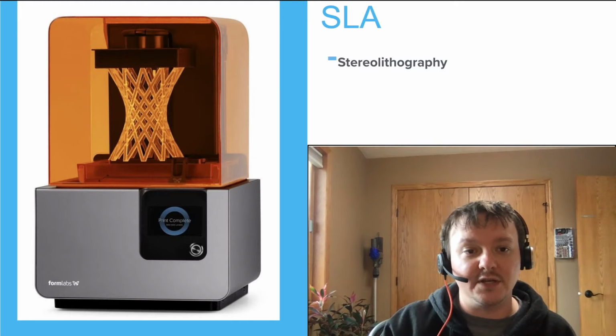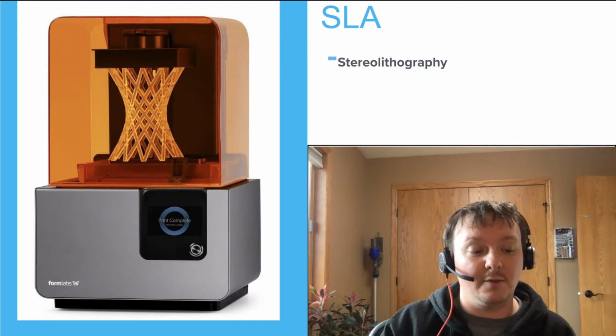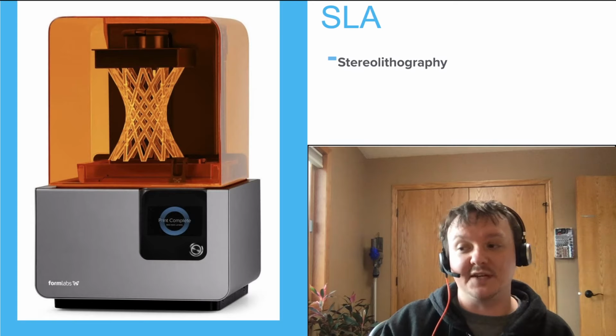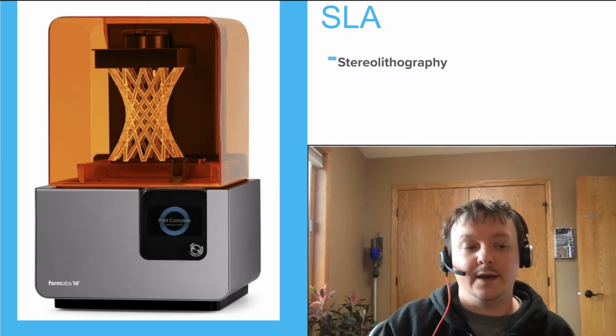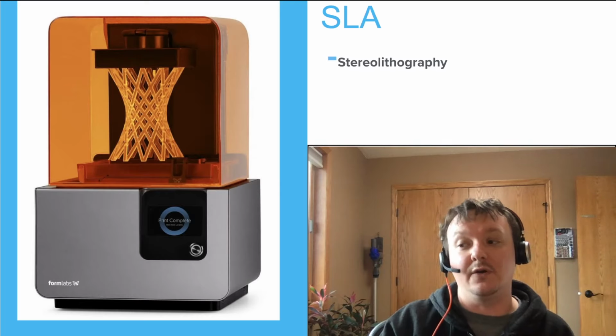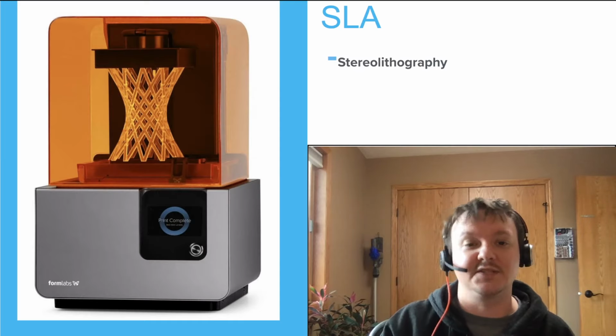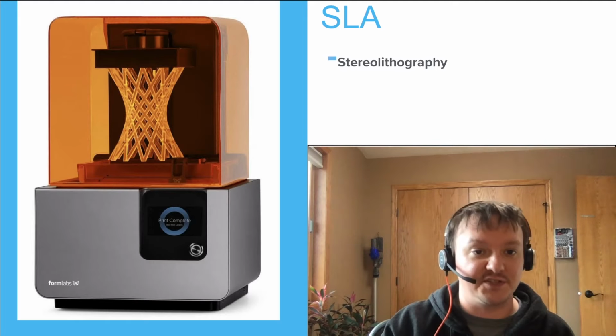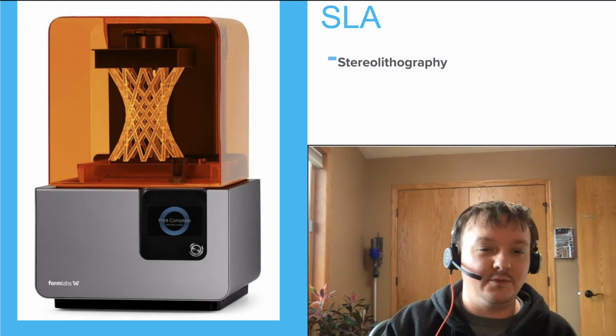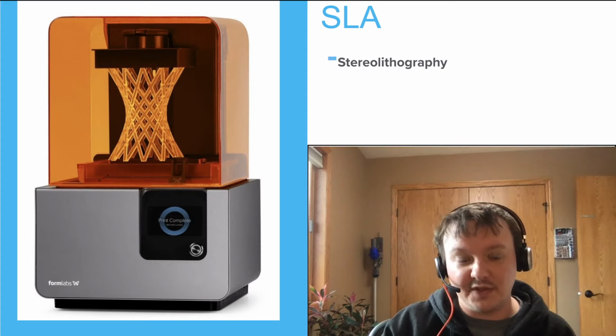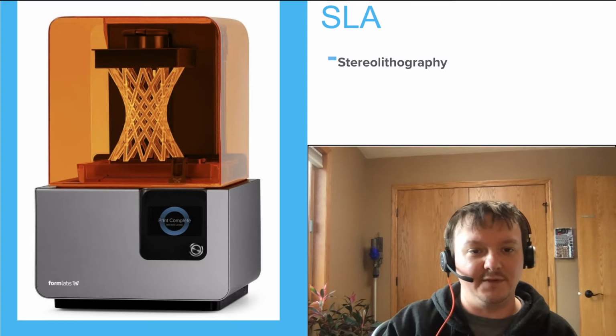The other advantage is that basically all prints take the same amount of time. Since you expose the entire layer at once, your only time variable is how tall the object is. So if you want to do 15 D&D miniatures that are an inch tall, that takes the same time as a single one. It's not a technology I play with yet, probably something I'll get in the future.